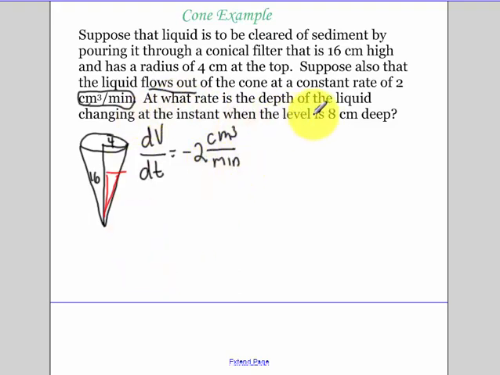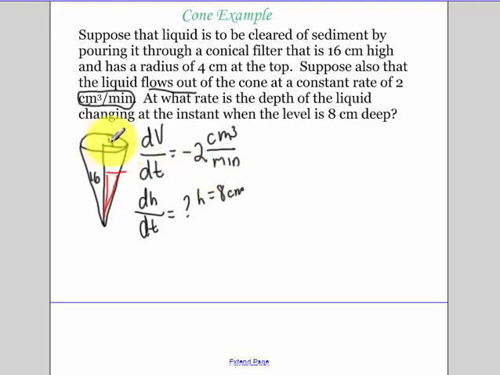Okay, I need to know the depth of the liquid. So I'm going to call that the height. So I'm looking for the depth, the height, in relation to time when our height is equal to 8 centimeters.